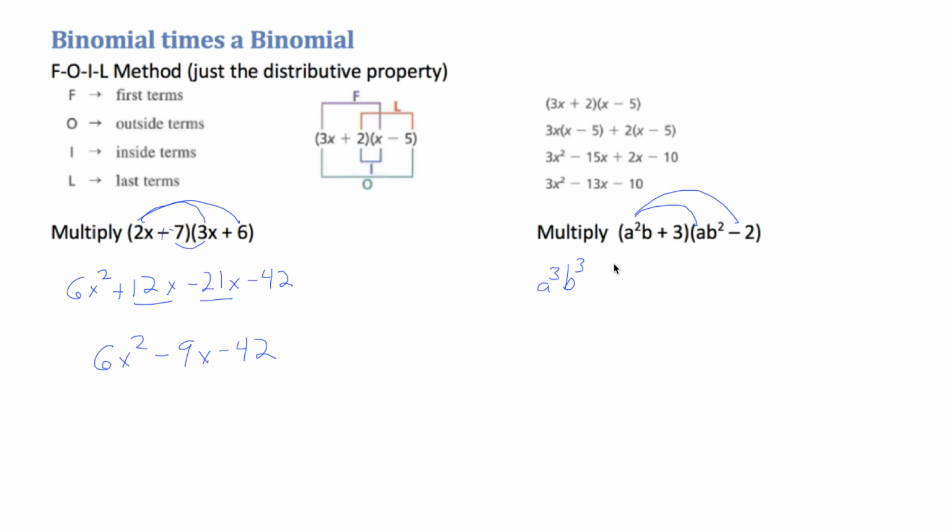It's a negative, so we have minus 2a squared b. 3 times ab squared, so we have plus 3ab squared. And then 3 times negative 2 is negative 6. Here we look through to add like terms, but there are not like terms. These almost look alike, but in this one the a is squared, and in this one the b is squared.